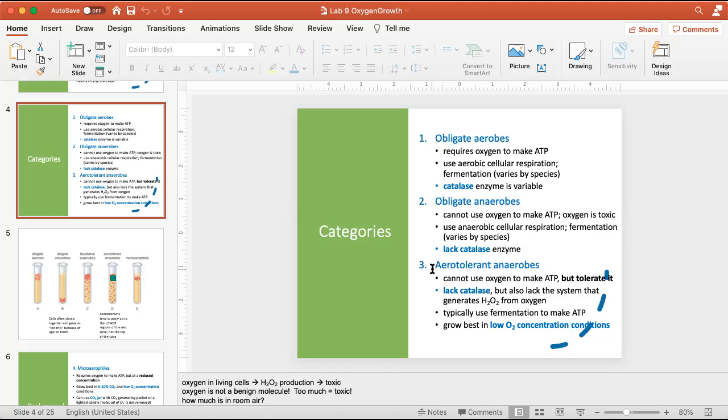Now let's look at the third group. These two first groups, I think, are kind of straightforward. They have an absolute requirement for oxygen, and oxygen is toxic. But the rest of the groups are somewhere in between. The third group are called aerotolerant anaerobes. So remember, anaerobe makes you think no oxygen.